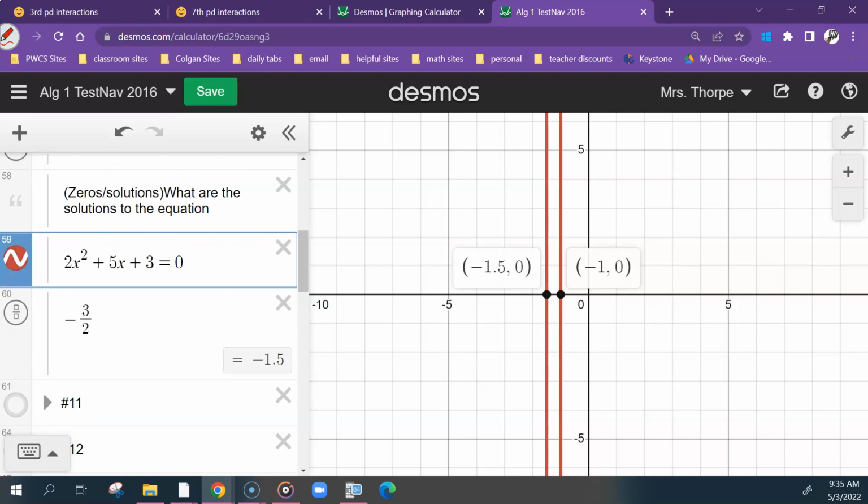When you graph it, look at where it crosses your x-axis, and you should be able to match. If you don't know what the fractions are, because Desmos likes decimals a lot, you could start putting in the fractions, like if I put in -3/2, I could use this button right here to change it from fraction to decimal to see if that's the same thing as what I was given. And that would tell you that C is your answer. Questions on 10?